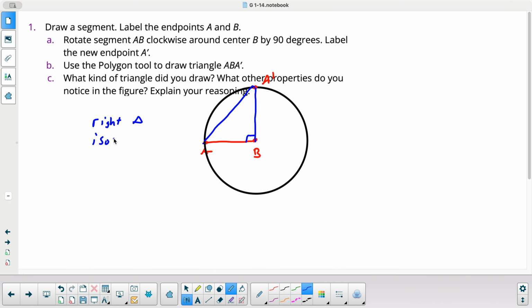I would say it's isosceles because these are both radii on a circle and those are congruent. If you really want to get fancy, and this isn't something that we've learned yet, you could say that since it's isosceles, these angles will be the same. You could say it's a 45, 45, 90 right triangle, okay? But this one I wouldn't expect you to know right now, okay?